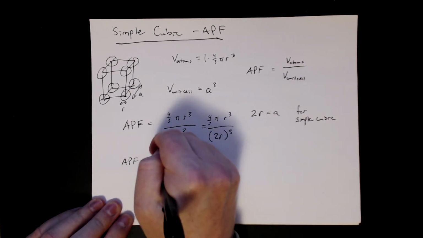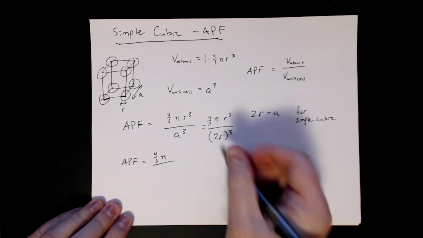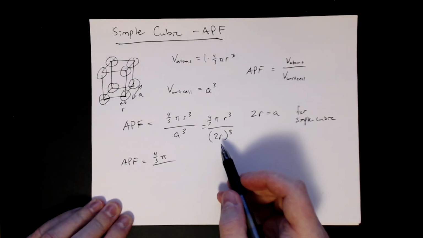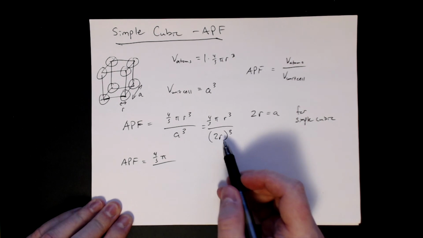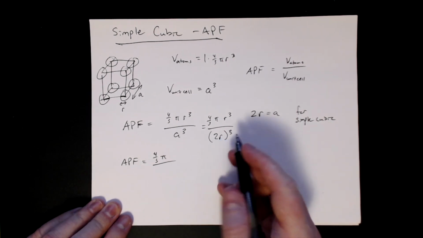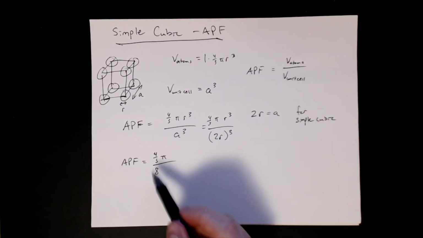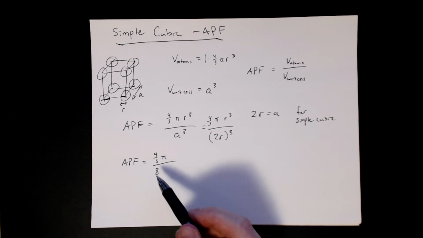We have 4/3 pi, the r cubes cancel out, and we have 2 cubed, which is 8. So this is just a number in fractional form.